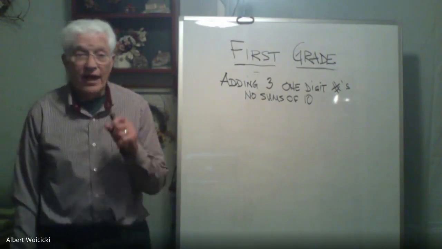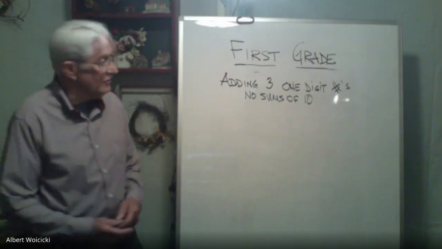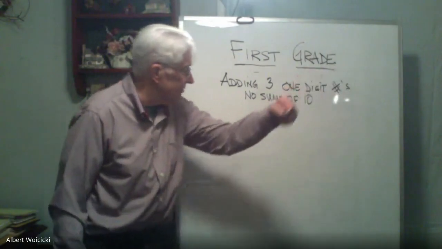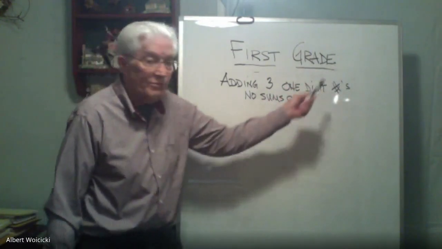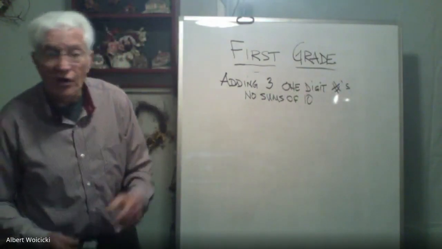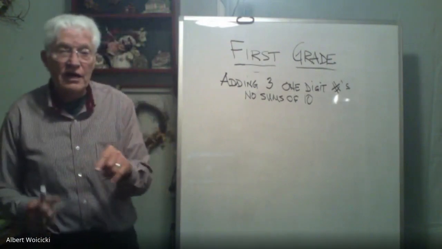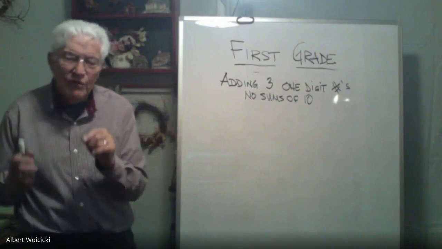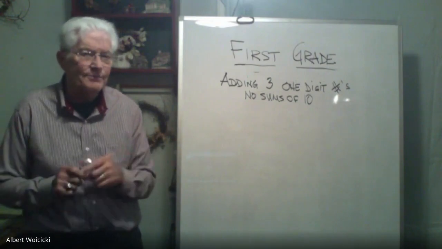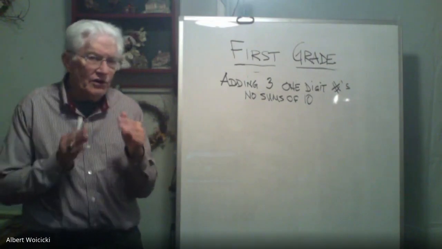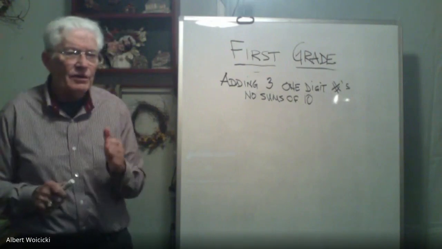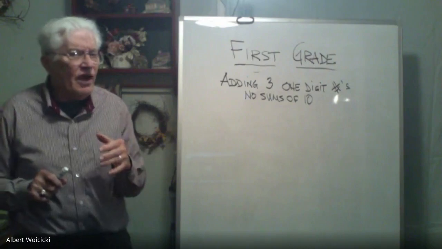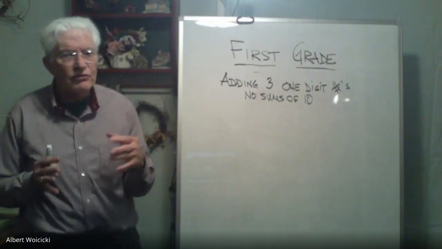And this morning, our discussion is all about adding three one-digit numbers, no sums of 10. So remember back in kindergarten, we had three numbers that we added, but we were looking for things that added up to 10. Earlier, we talked about adding to 15. So this time we've gotten a little bit smarter.